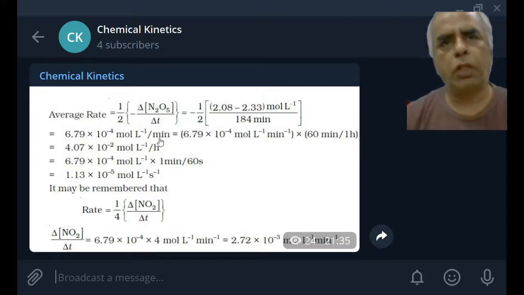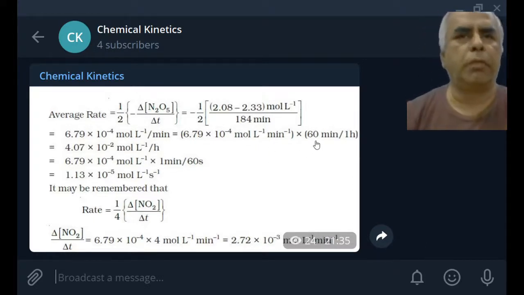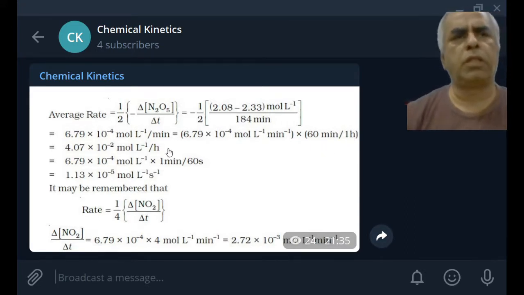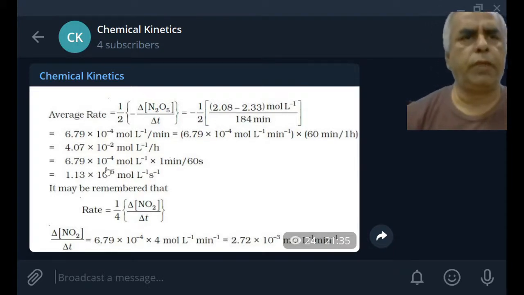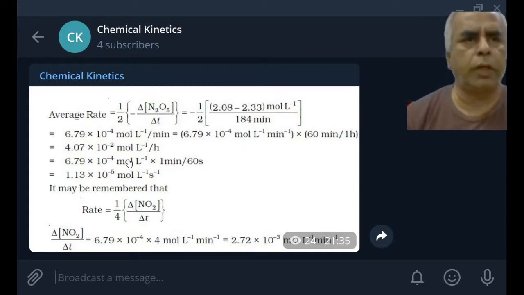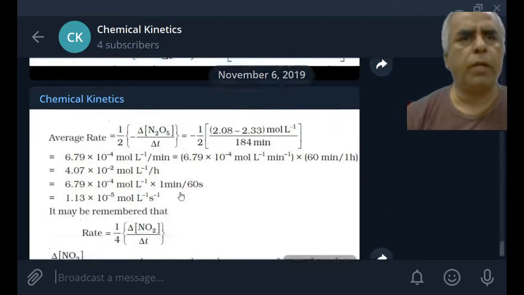Now, if you want to convert this into hour, then you have to use 60 minutes divided by 1 hour, is it not? So you just have to multiply or divide accordingly with 60. If it is per second, divide by 60 seconds. So this is the simplest way to proceed. But remember that you must always apply this formula. It's very simple. Okay, right.